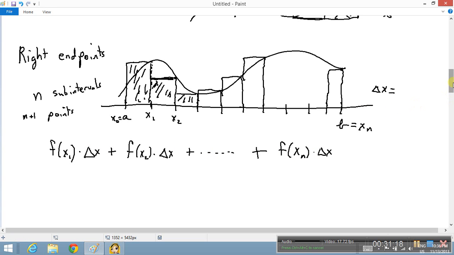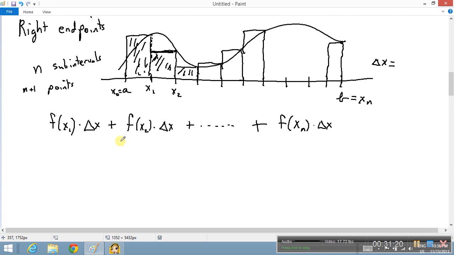Let's write this in sigma notation, the summation notation. So this would be the sum of things that look like f of x sub i delta x. But this time i doesn't start at 0, it starts at 1 and goes all the way up to n. So that is this sum in this compact sigma-like language.